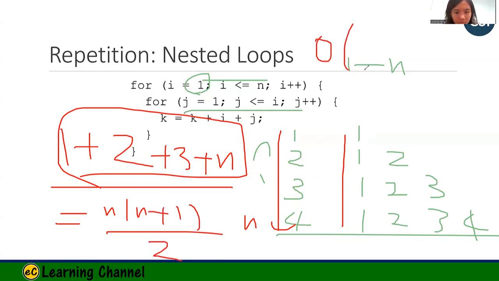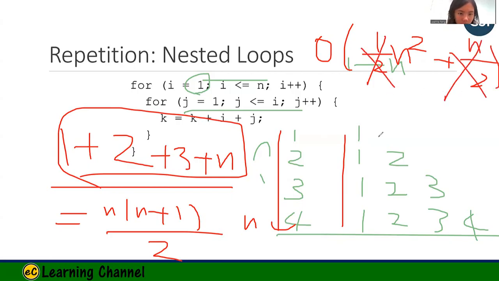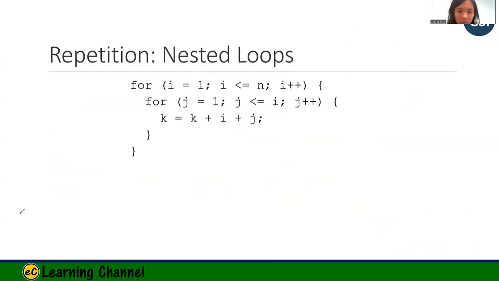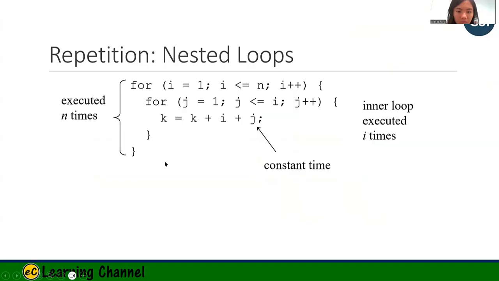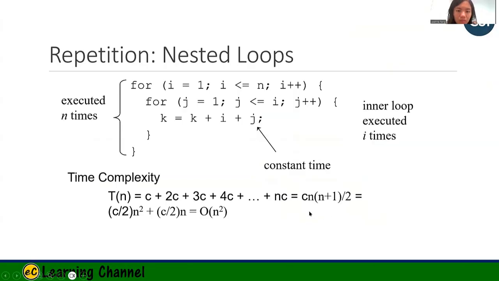So it's the order of half N squared plus half N. Half drops, so it is also order of N squared. Is that okay? You got to study it, okay?